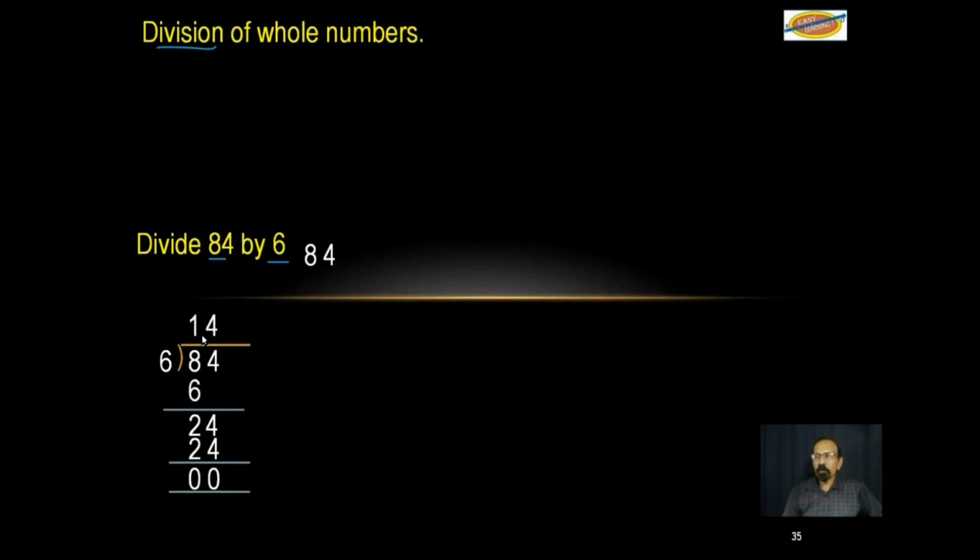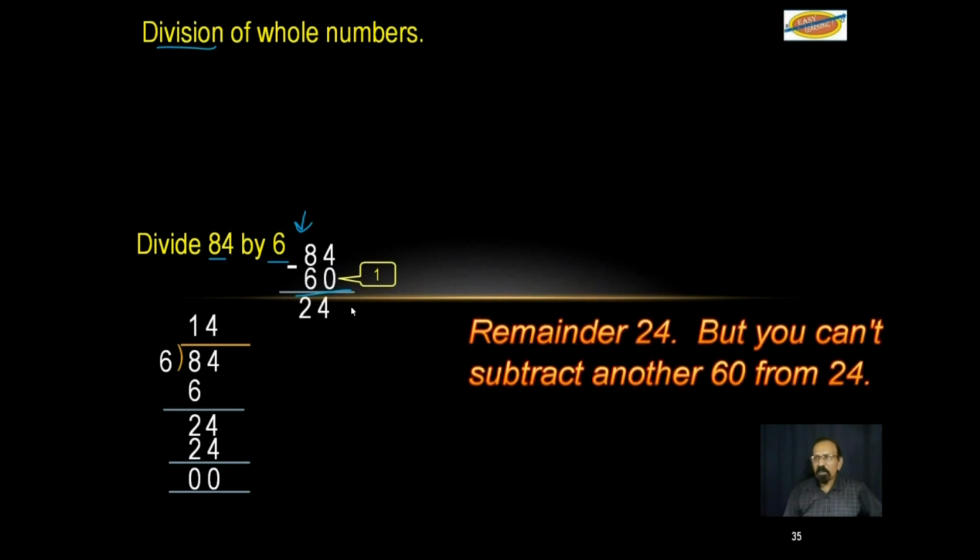If you take 84 and you divide by 6, you're actually subtracting 60 from it, because this 8 is in the tens position. So when you subtract 60 from 84, you get 24. So this 1 is what goes here.